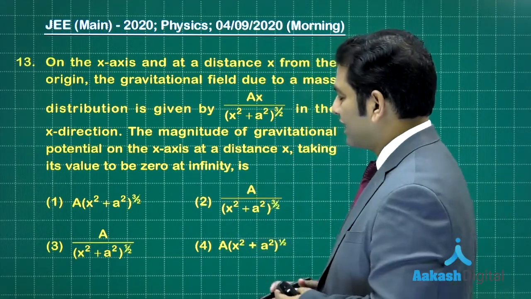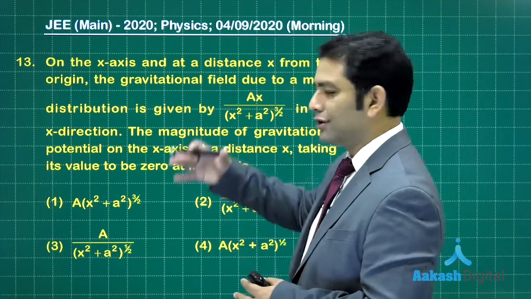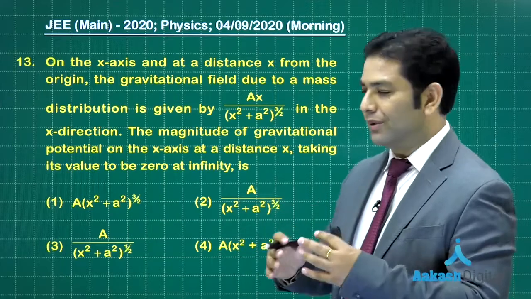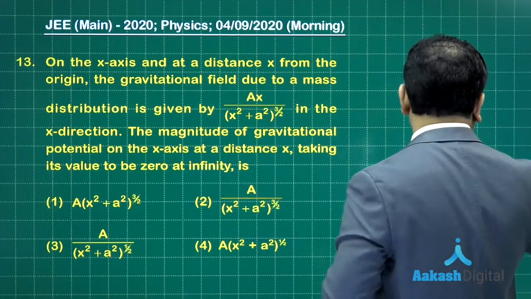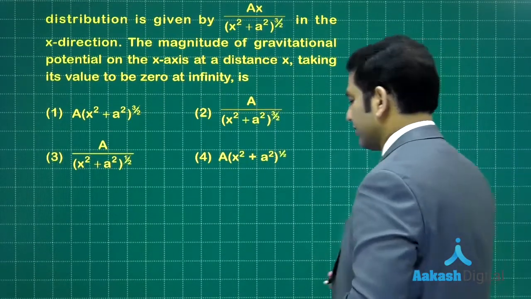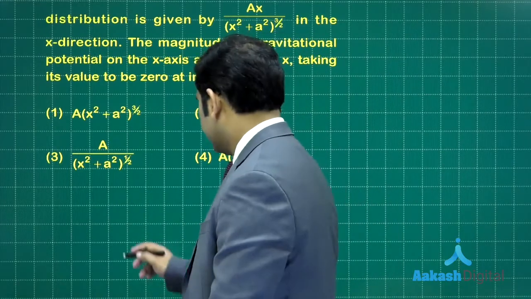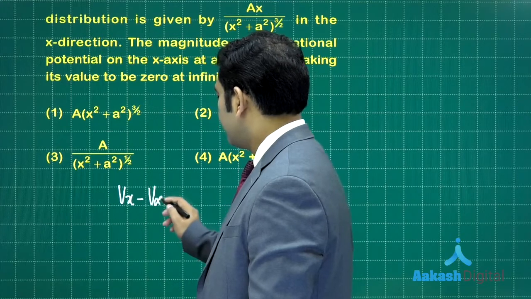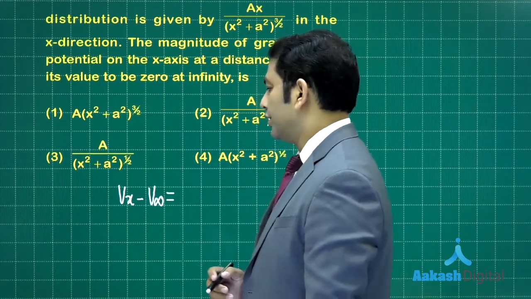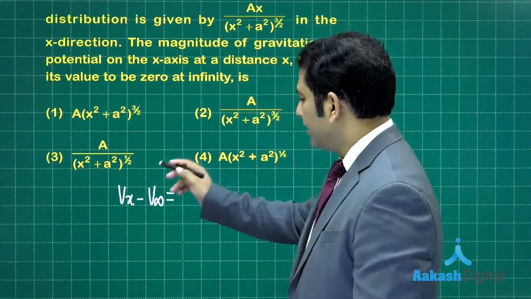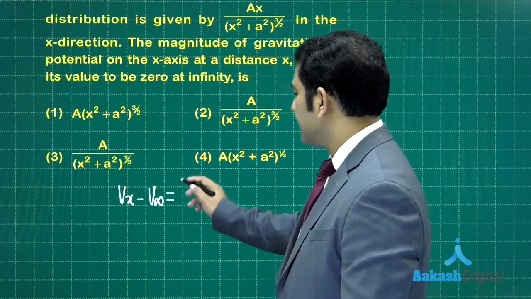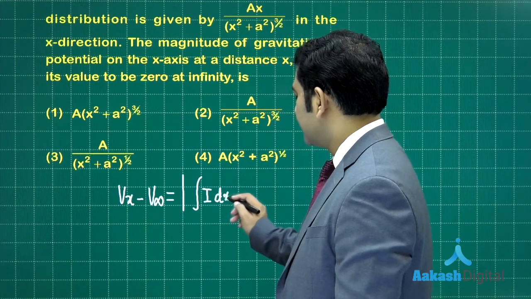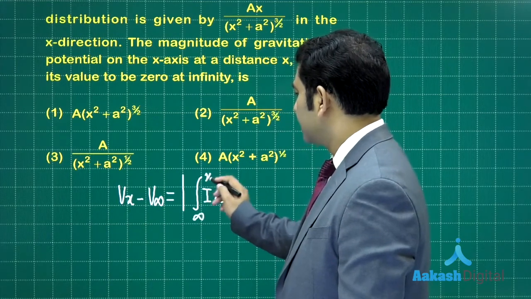So one way of doing it is that from the answer you go into the reverse calculation by negative gradient, or the other way is from the intensity, with suitable integration you can find that, and that's how it goes. V(x) minus V(infinity), we require the magnitude, so what I'll do is the integral of I dx from infinity to x.